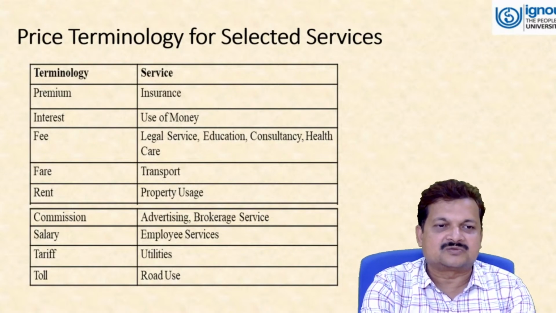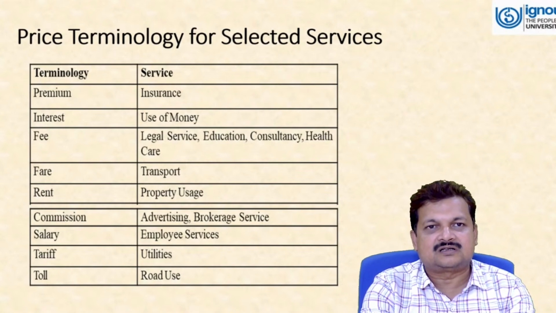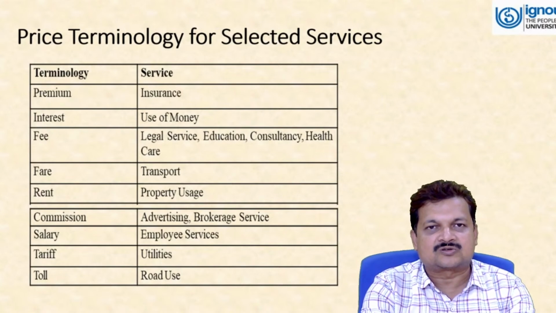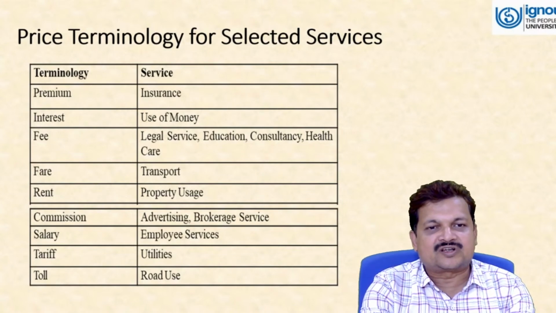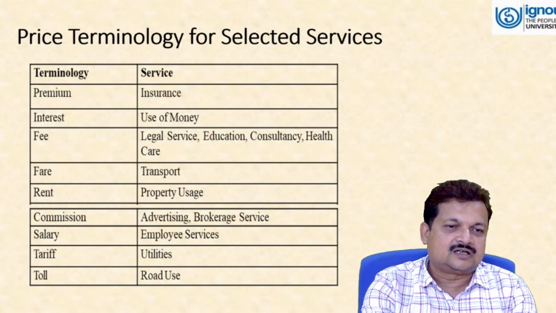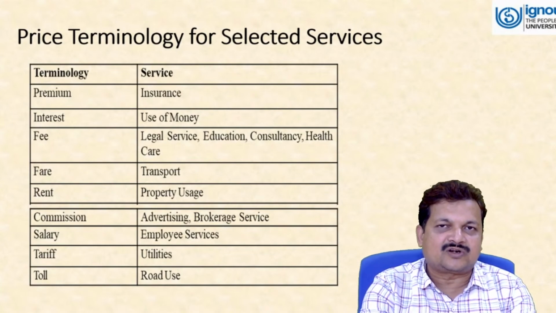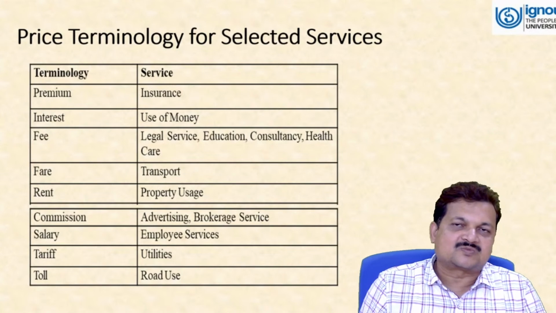Tariff is the taxes levied on different things: income tax, service taxes, product taxes, and import export duties also. And toll charges: on the roads, we find gates, check gates, where you need to pay a toll fee for your transportation.